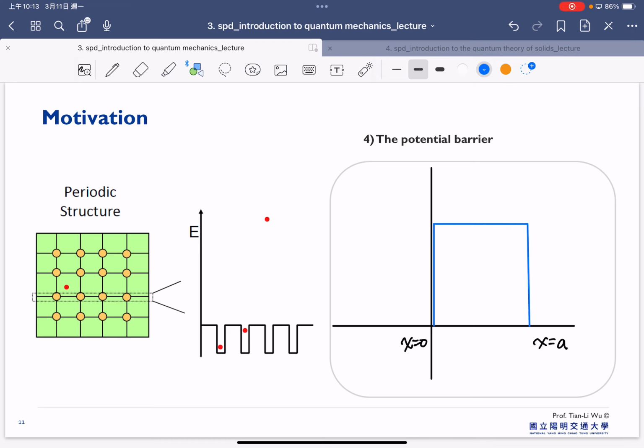So again, there are three regions: region 1, region 2, and region 3.